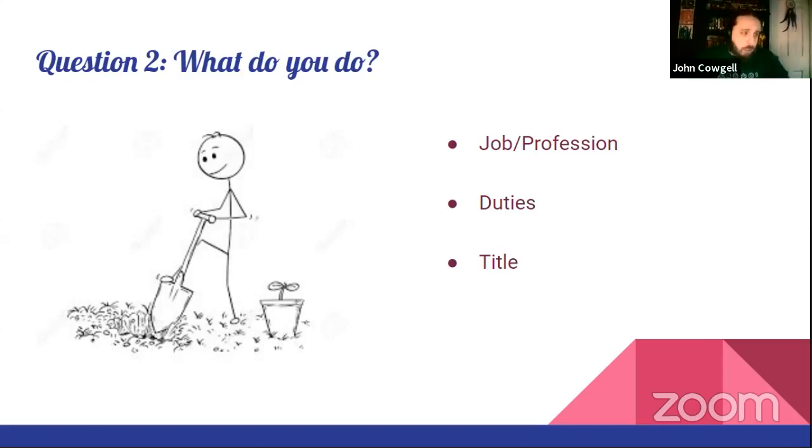Now, I did mention that title would come back to us for what do you do, and it does come in here, because if you get a title from someone, you can infer from that title some of the duties or some of the profession of the person. Prince of the Realm carries a very large weight for a title, and it infers a lot of different functions.